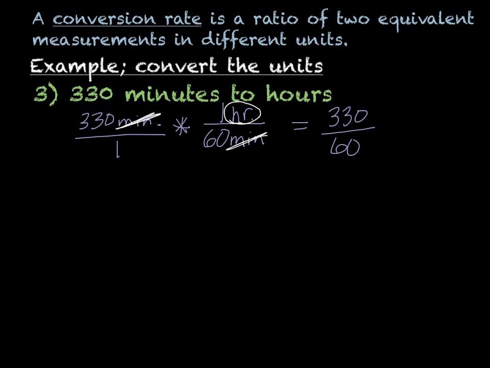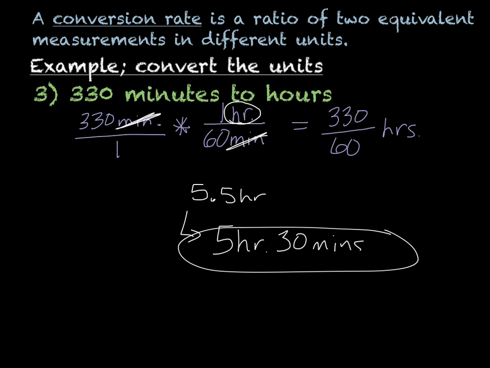And then I crossed out my minutes, so I'm just left with my hours. And then I just solve that. So I get 5.5 hours. But what this actually means is it's 5 hours, and then half an hour is 30 minutes. So that would be your final answer.